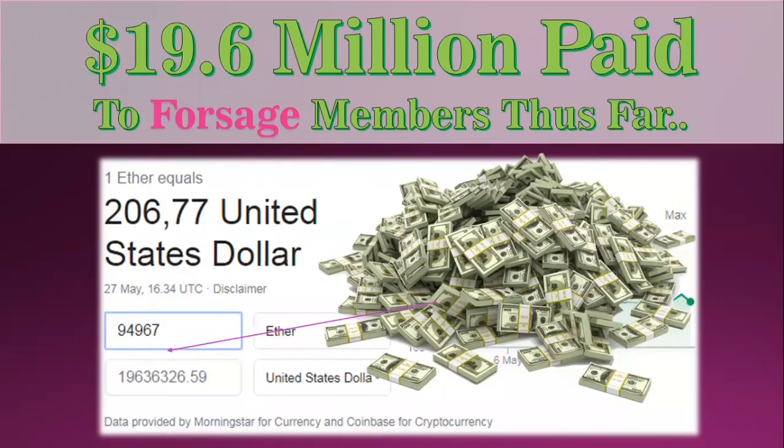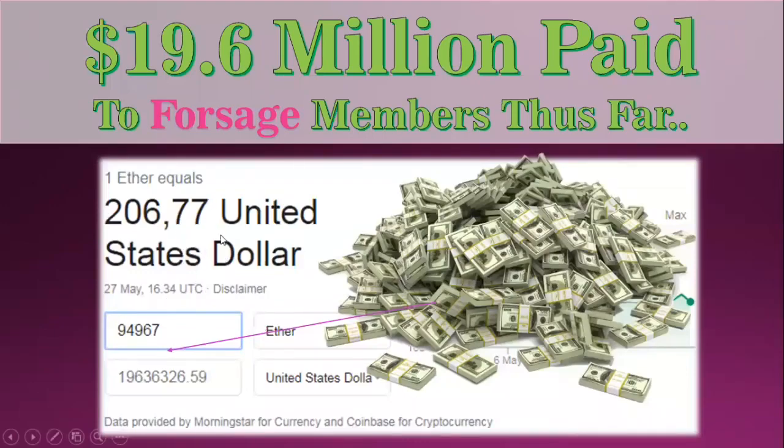I remember when we crossed over the 1 million mark, and then the 2 million mark, and then the 3, and then it just kind of got exponential, going faster and faster. So we're almost at $20 million. It could happen tonight. Ethereum right now is 206 per Ethereum.